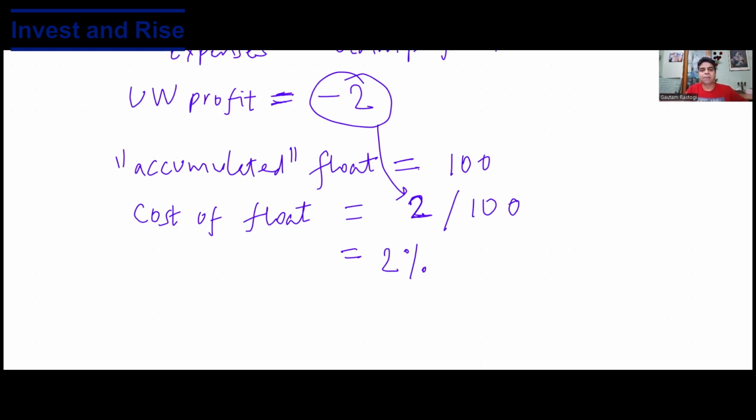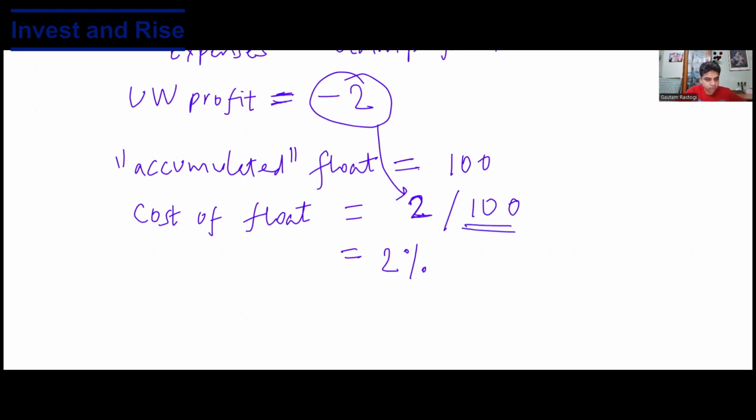The interest rate that they pay us on our deposits is the cost of funds for the bank. So again, this is the cost of float, or kind of the cost of deposits for the insurer. They had to pay 2 rupees to acquire this float of 100 rupees. So the cost of float is 2%.